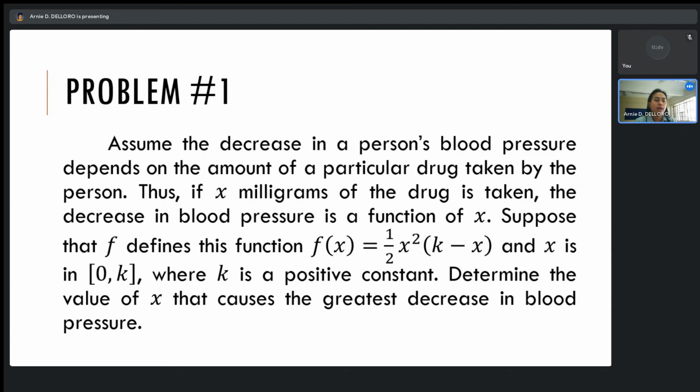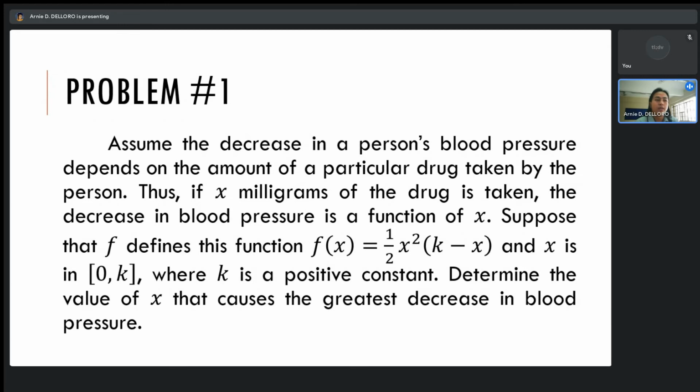Okay? Now, suppose that F defines this function. F of X is equal to 1/2 X squared times the quantity K minus X. And X is in the closed interval 0, K, where K is a positive constant. Determine the value of X that causes the greatest decrease in blood pressure.